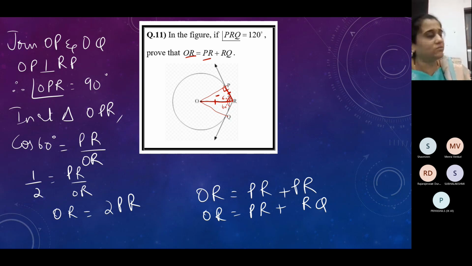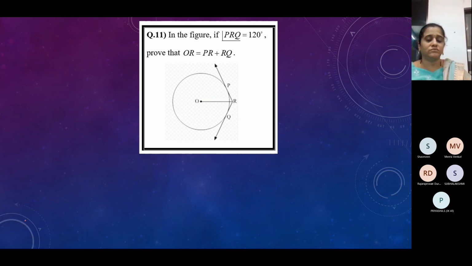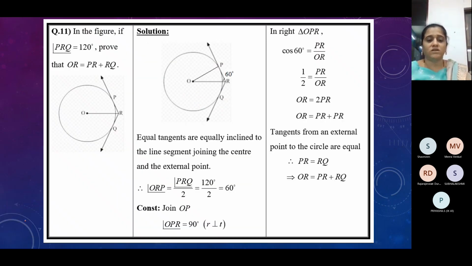Cos 60 is equal to adjacent by hypotenuse. Substitute, cross multiply, you get a result. But that's not the required result. So what to do? Write twice PR as PR plus PR. And we know that PR is equal to RQ. So write this as that's what is here.